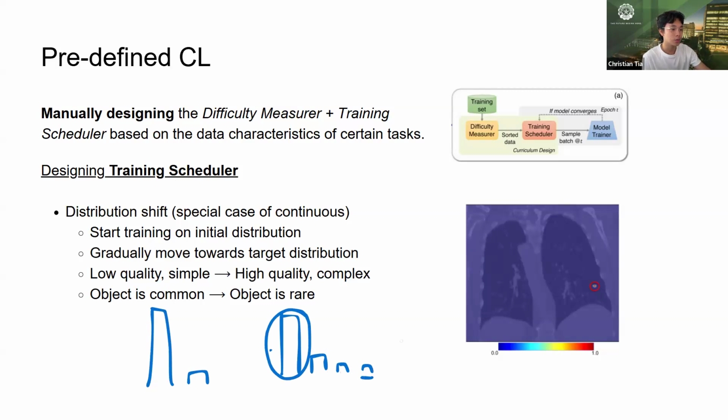So the idea is to start with the distribution where it's more balanced, and then eventually build upon that and add the more overrepresented classes, so that the distribution is more balanced in the end, or balanced to start with, so that the model can generalize on that first.